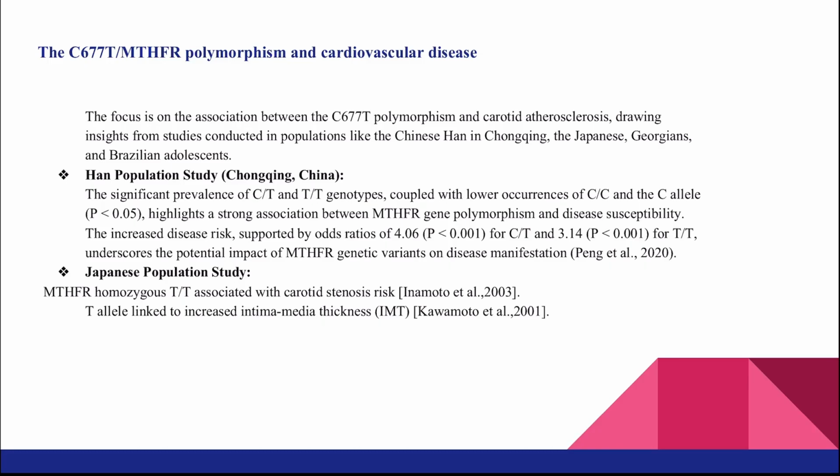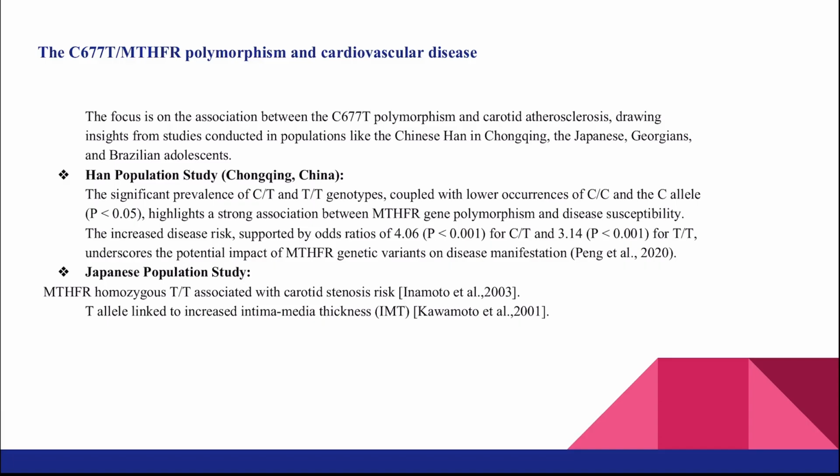Various populations have been studied, starting from the Chinese population. It has been noted that the CT and TT genotypes have a higher prevalence of coronary artery disease compared to the C allele. So a strong association was seen for the CT and TT genotypes of MTHFR gene polymorphism, while not much was seen for the C allele.